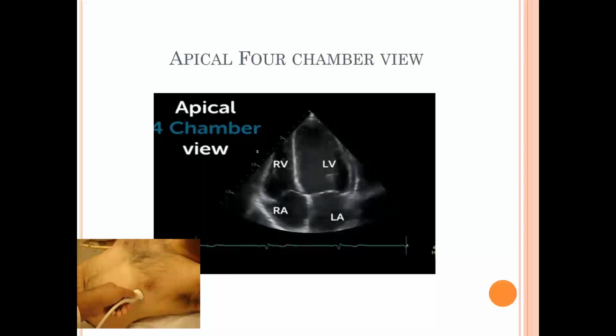As you can see here, this is the apical 4-chamber view, and as the name means, we have 4 chambers: the left ventricle, the left atrium, the right ventricle, and the right atrium. In this view, again, we comment on the segmental motion of the left ventricle, globally on the left ventricular functions, on the mitral valve leaflets and whether they are thickened or not, and on the mitral flow when we display color.